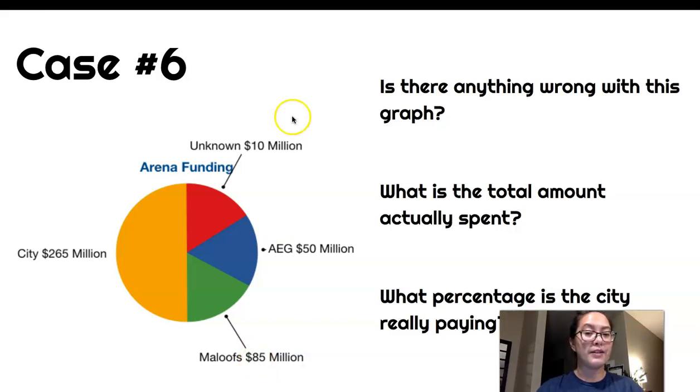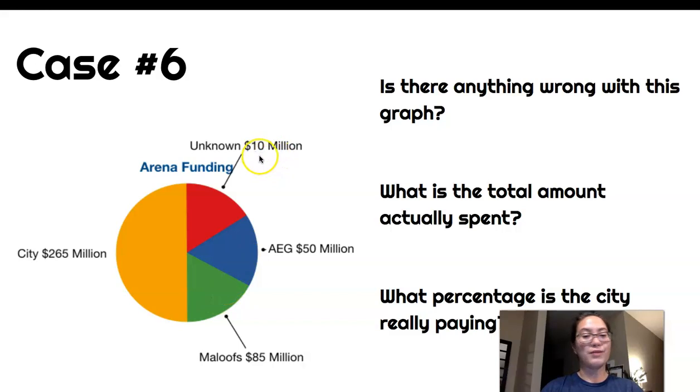If you noticed that 10 million, 50 million, and 85 million are represented as the same size, then you'd be correct. If you noticed that this yellow chunk is 50%, but 265 seems like a little bit more than 50%, you would also be correct. So it's really important, 1, that these wedges be accurate, and 2, that they actually add up to 100%.